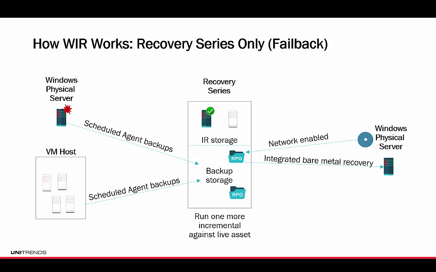Then you shut it down. Then you restore through the agent your latest recovery point, and you make your new server the live server. There's a recovery failback process that you have to go through here. But it's running temporarily off the Unitrends appliance, which is what's really cool about this process.